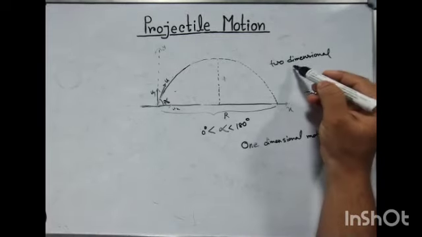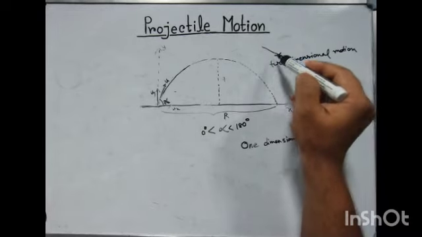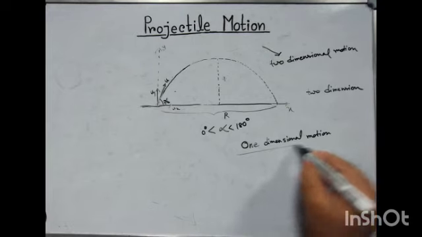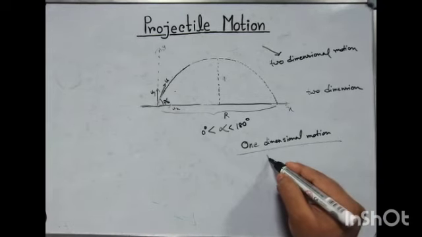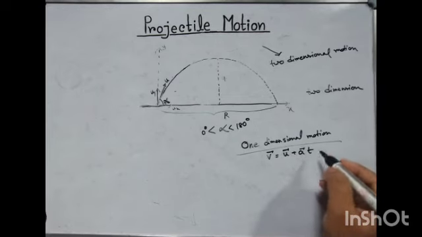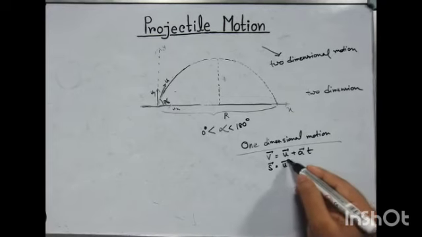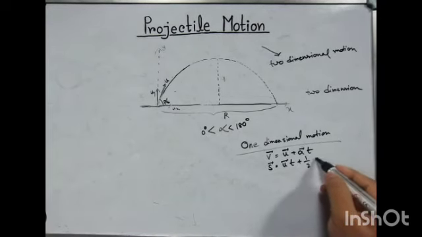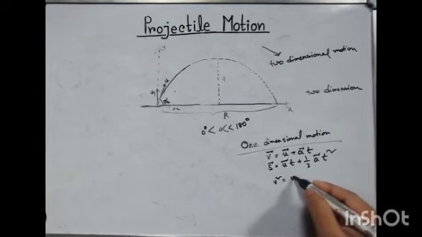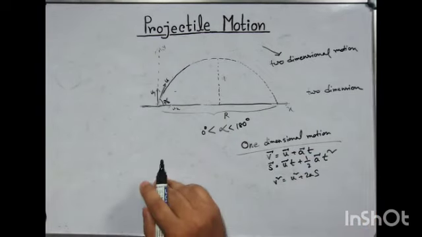We have studied one-dimensional motion and we derived some formulas like v vector equal to u vector plus a vector t, and s vector equal to u vector t plus half a vector t square, and v square equal to u square plus 2as. These formulas we have derived.